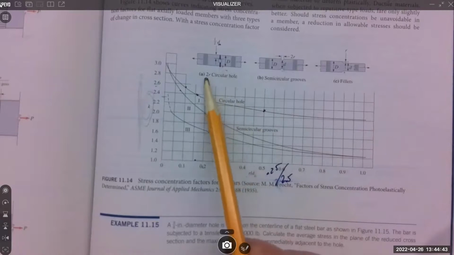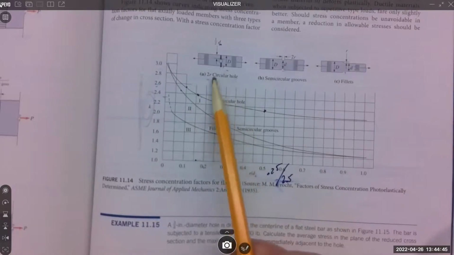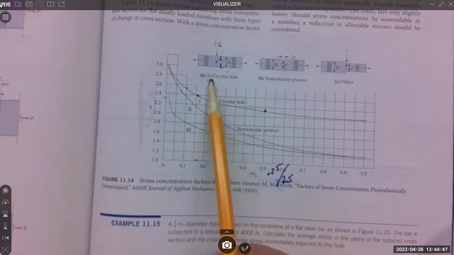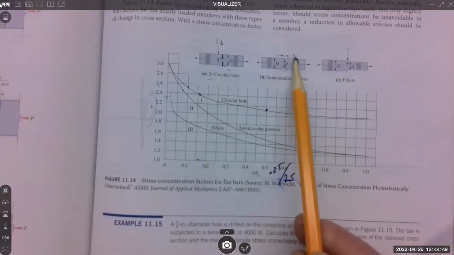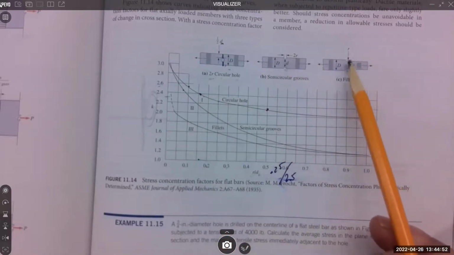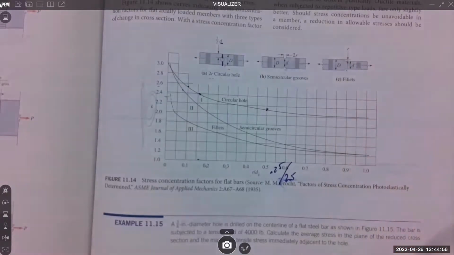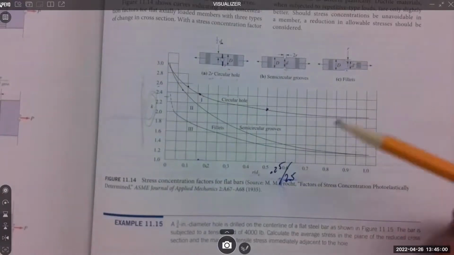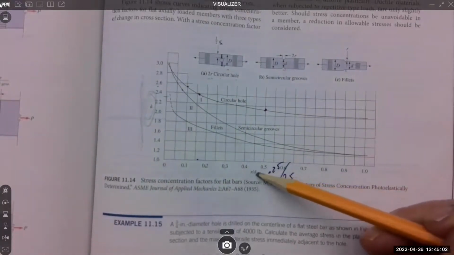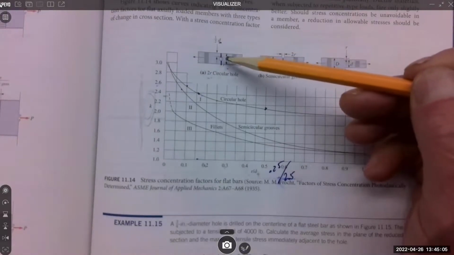This says 2R circular hole. Obviously, R stands for radius here, radius here, and fillet radius here. So R is radius. D changes, and it's little d, so R to little d ratio. You go up here and look for little d.